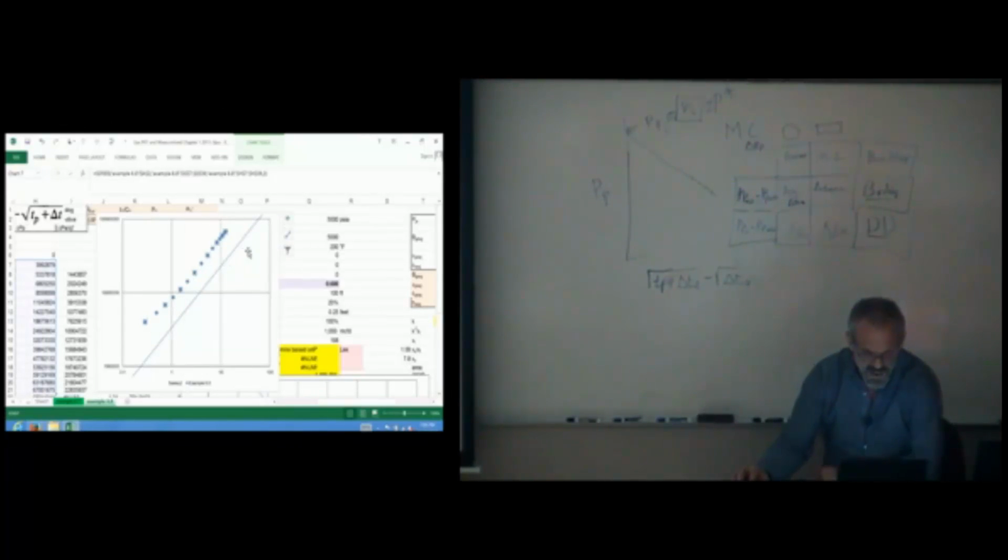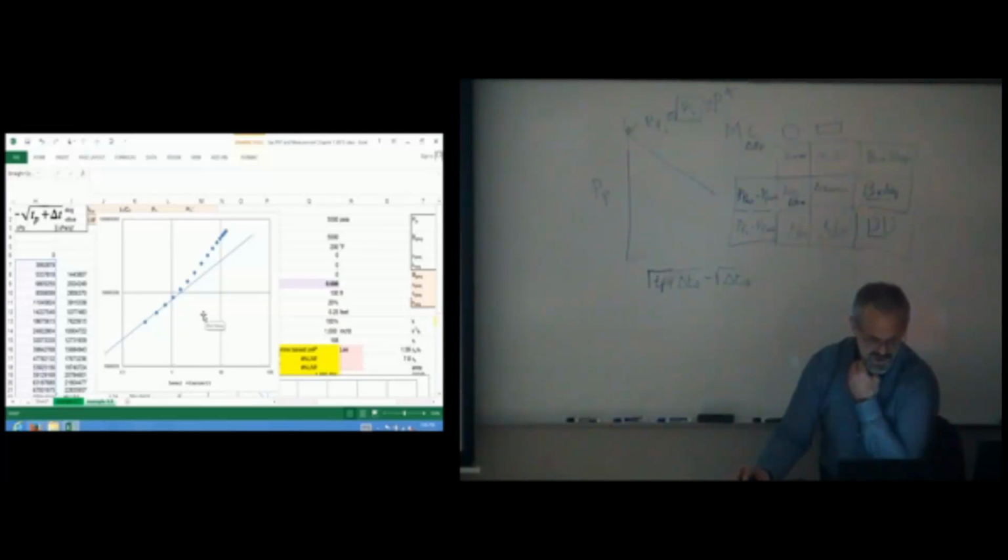Now let's see if we have half slope. Let me double check to see if my line is half slope. It looks like we have half slope early, not late.